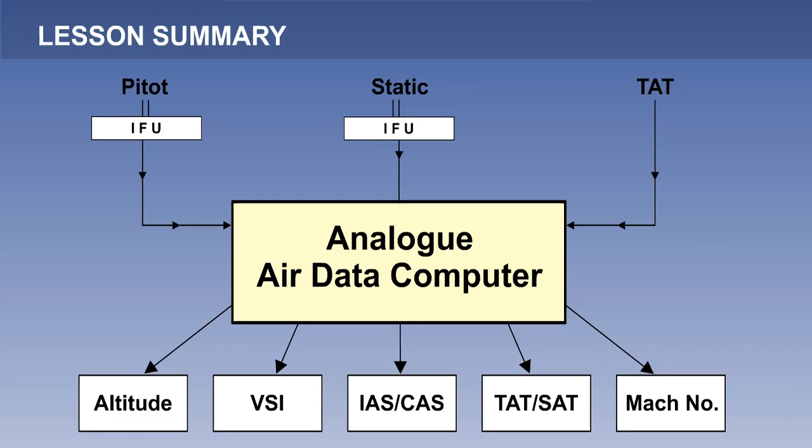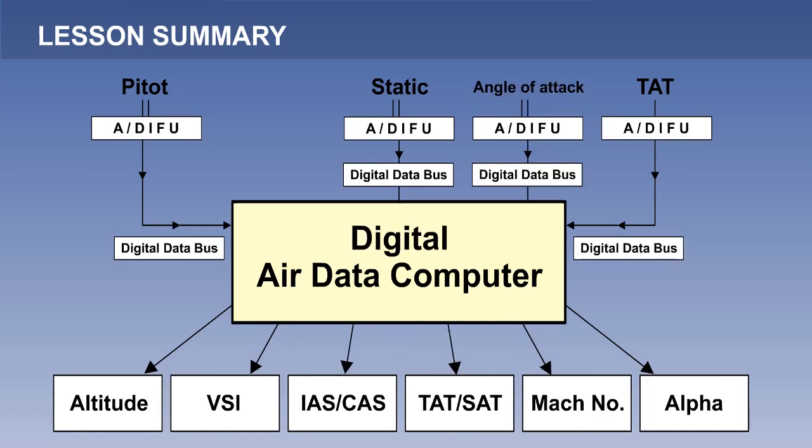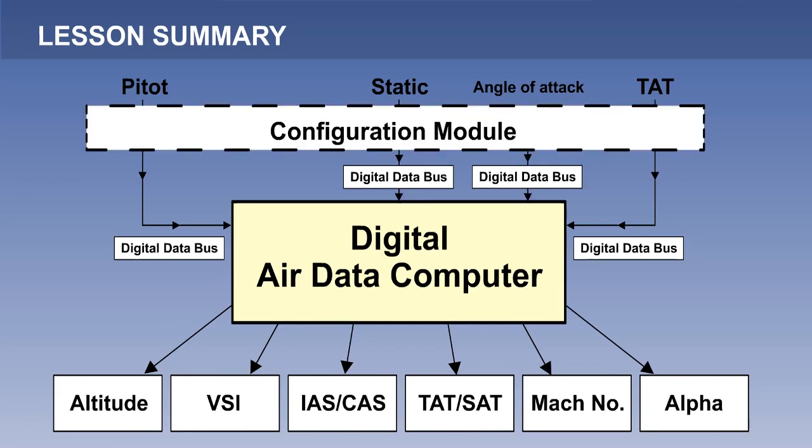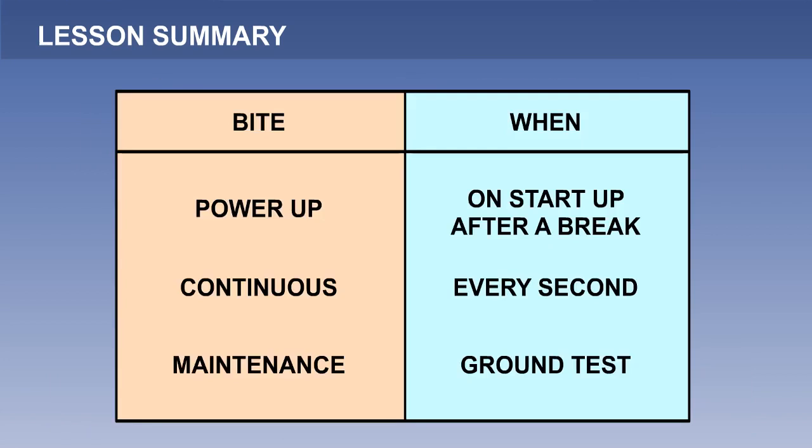Later systems used remote transducers and sent the source data to the ADC by wire. Modern systems use digital computers and digital data transmission and include angle of attack information. A device called a configuration module allows for position error and K-factor for each aircraft type. There are 3 types of built-in test: startup, continuous, and maintenance.